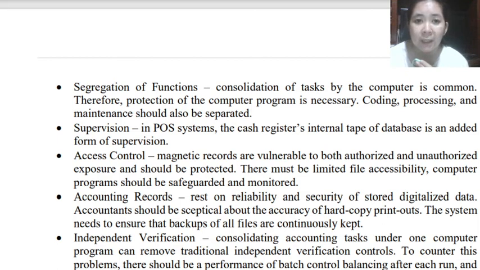Supervision. In a POS system, the cash register's internal tape or database should be an added form of supervision. For access control, magnetic records are vulnerable to both authorized and unauthorized exposure, and therefore they should be protected. So there must be limited file accessibility, and computer programs should be safeguarded and monitored from time to time.